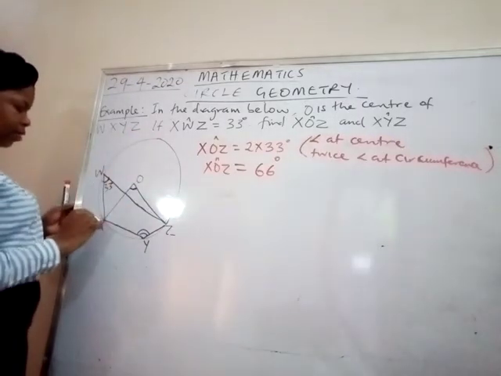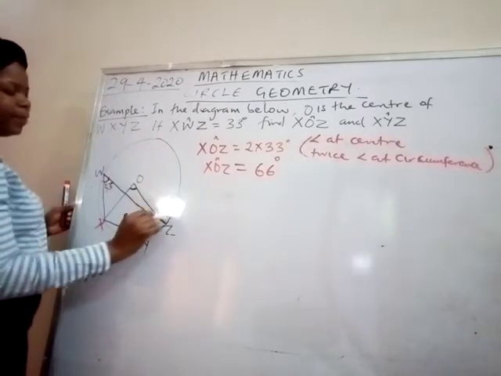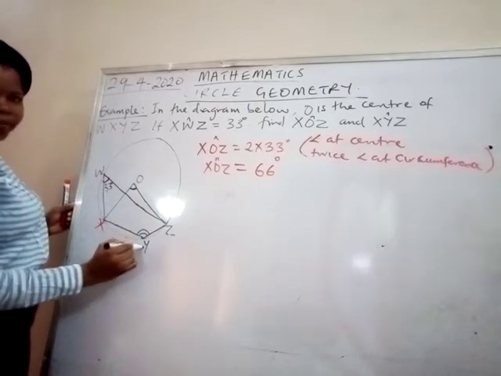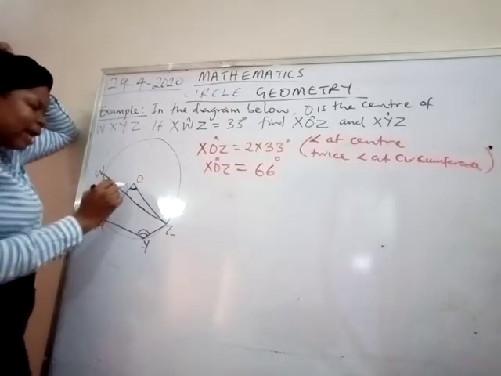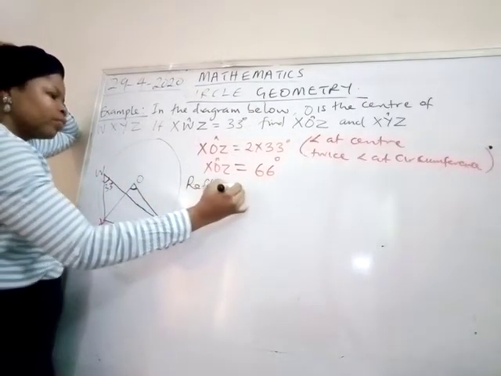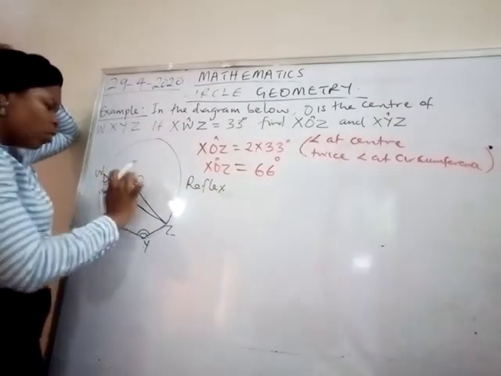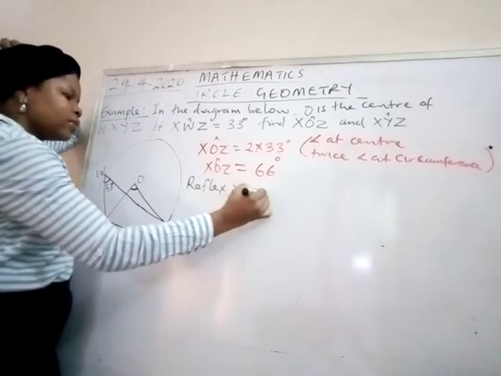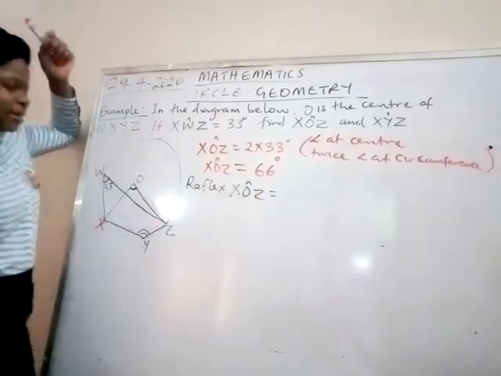Look at my hand. This big arc subtends to this circumference here. So, meaning that I need to get the reflex angle. Reflex of this angle, XOZ.